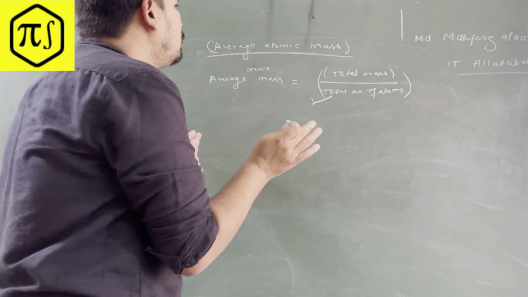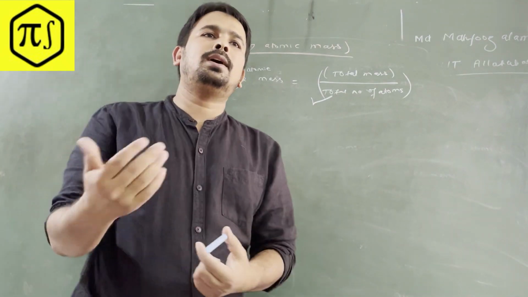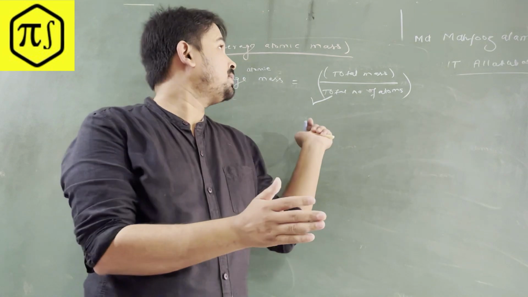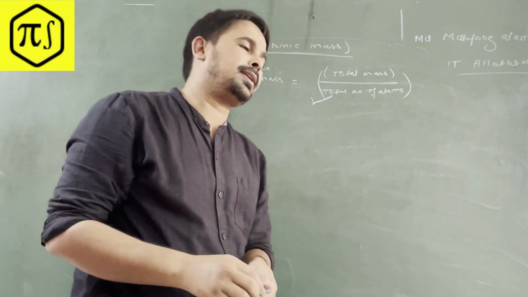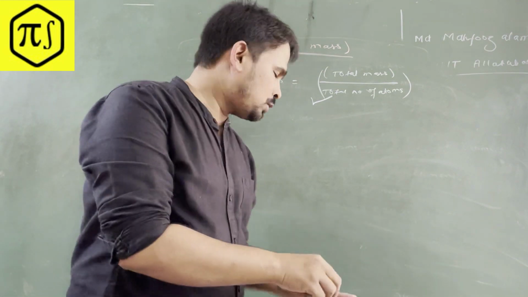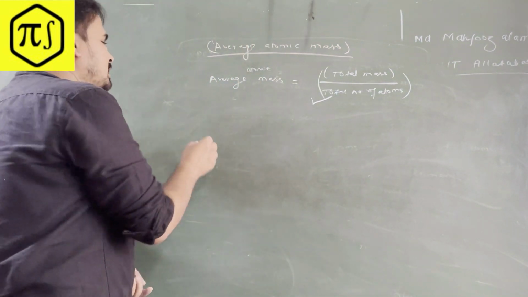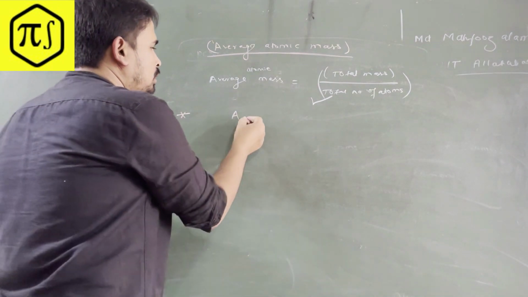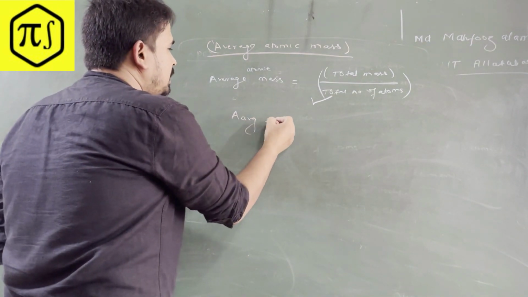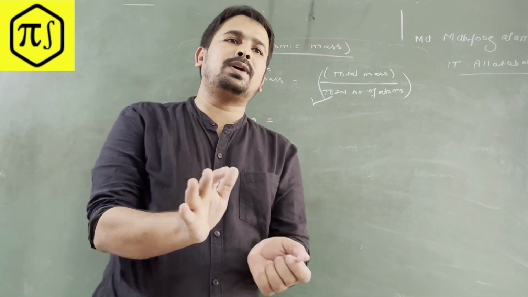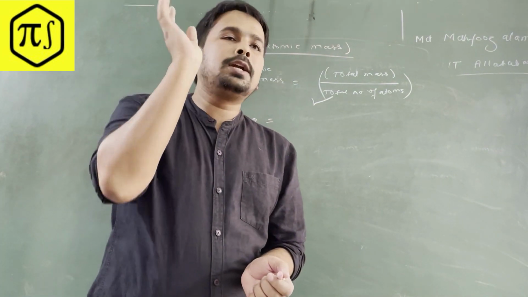Now let's try to prove this through the relationship between average atomic mass and percentage occurrence. So let me write down first the formulas and then we'll try to derive it. Average atomic mass, A average I am putting here, but sometimes they will not give you that; they will always say atomic mass.